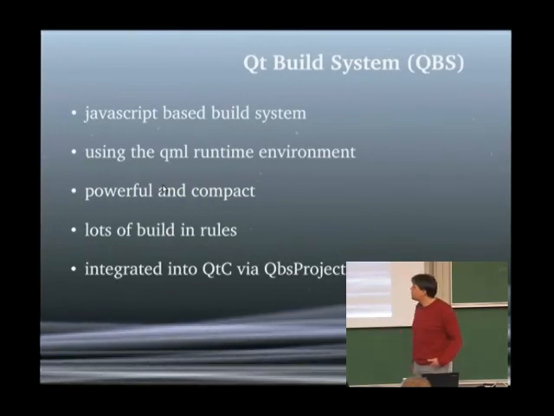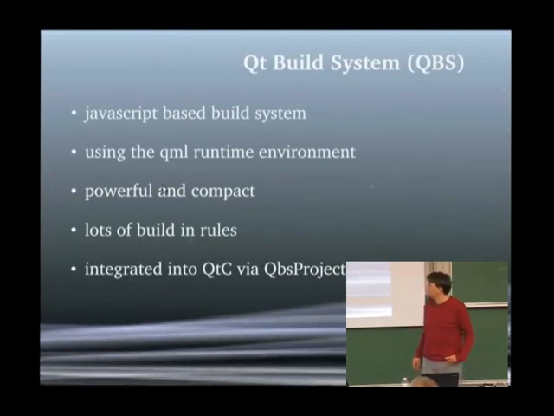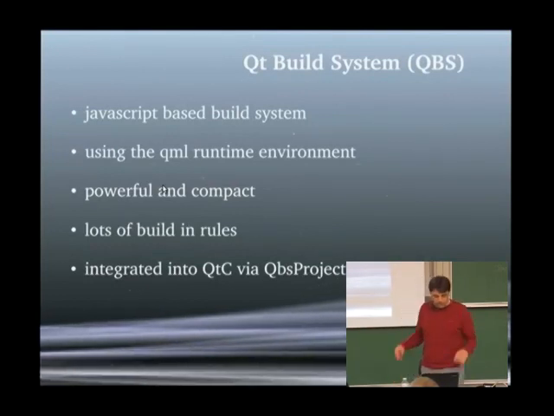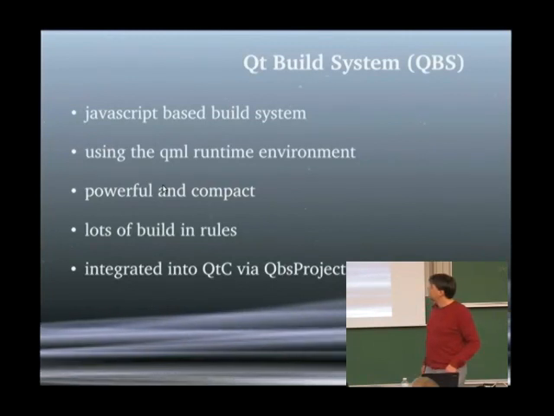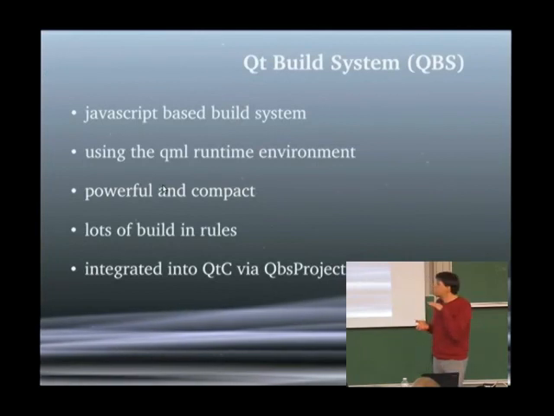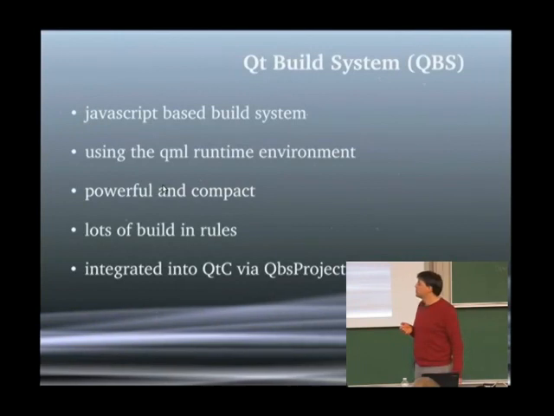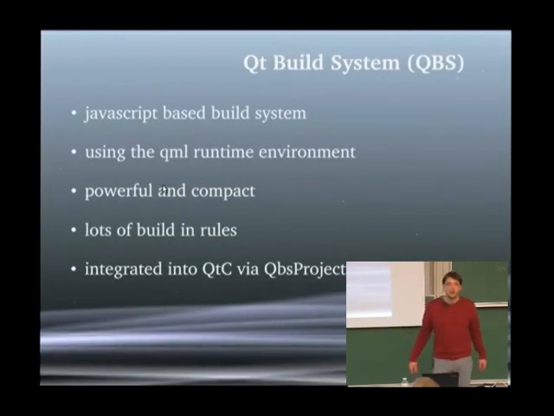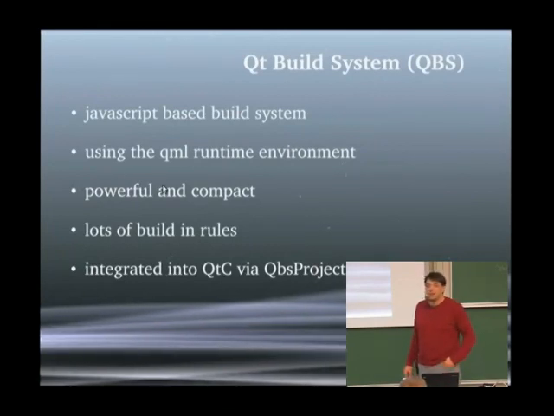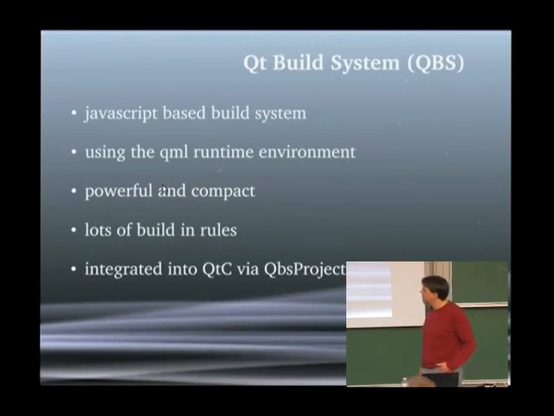I'm going to show it later on in the live presentation. It's pretty compact. I've built different projects, and you need about one screen of text to describe your build normally, which is quite neat. For an embedded cross build, you normally need much more. For example, CMake, I think, is quite double the size for describing the same stuff.